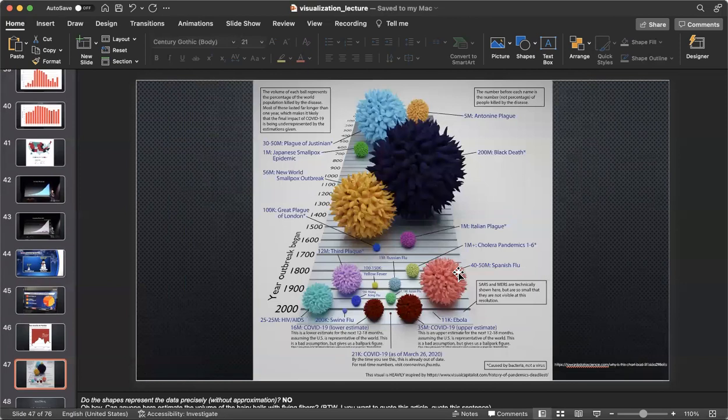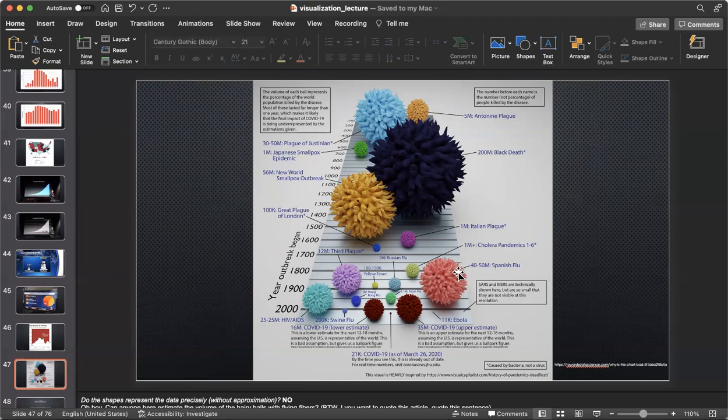This one is a bit hard. Can I get everyone's thoughts on why this may be a good or a bad visualization? This is showing you data over time, many hundreds of years, looking at the biggest epidemics in the world.